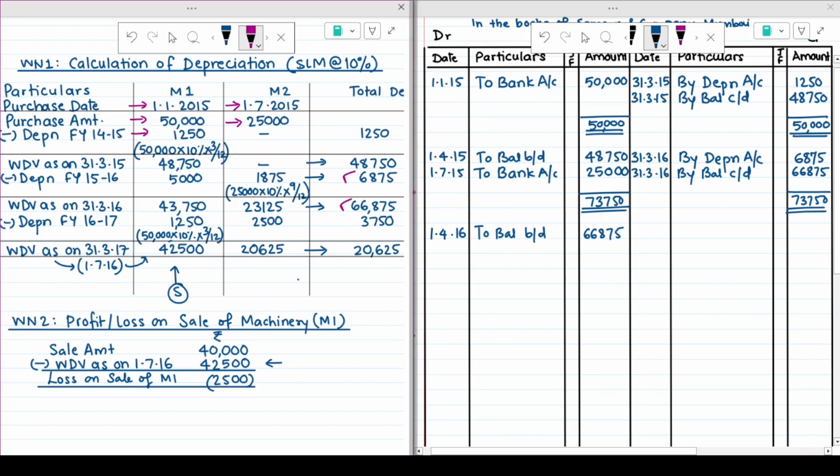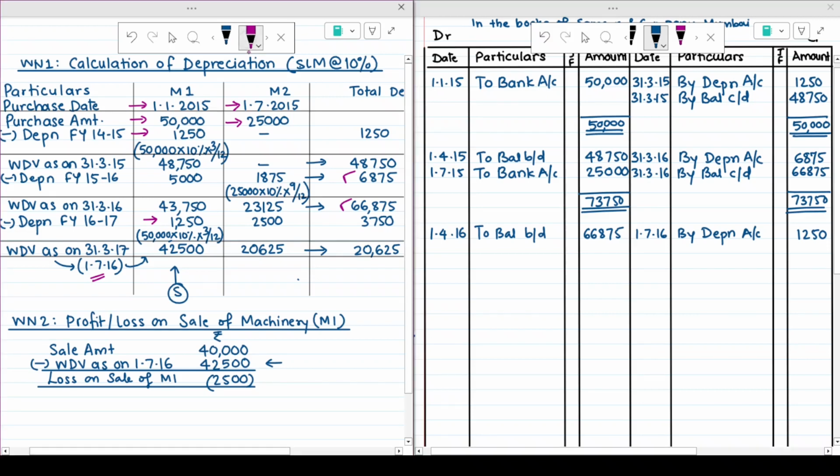Now in the third year, there is one sale entry. Sale is done on 1st July 2016 and depreciation on it is 1250. So first we'll pass the depreciation entry on the asset that was sold, on 1st July 16. By depreciation, amount is 1250, and now we will pass the sale entry.